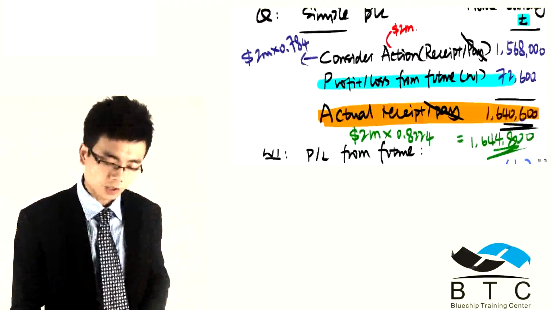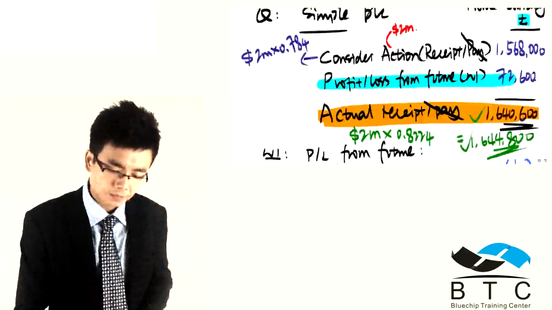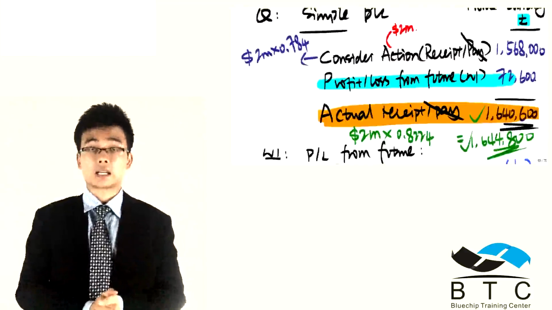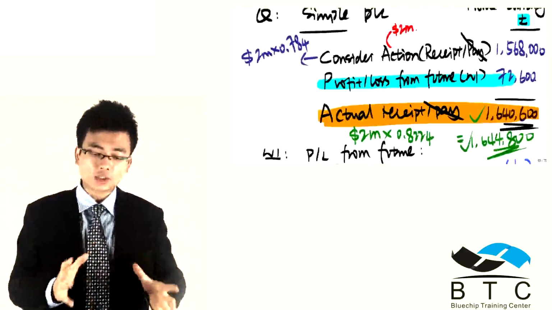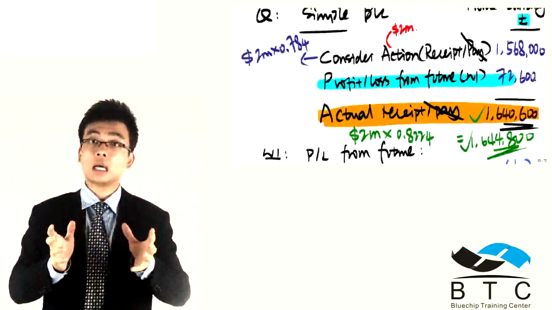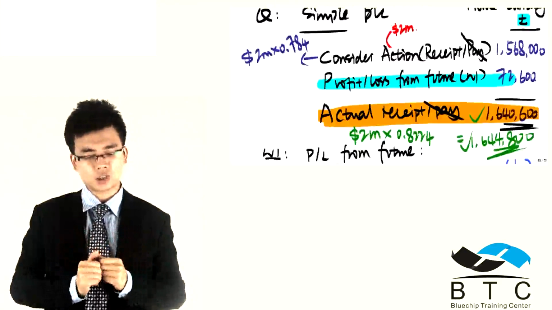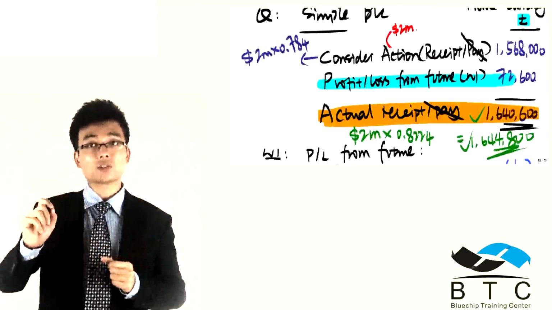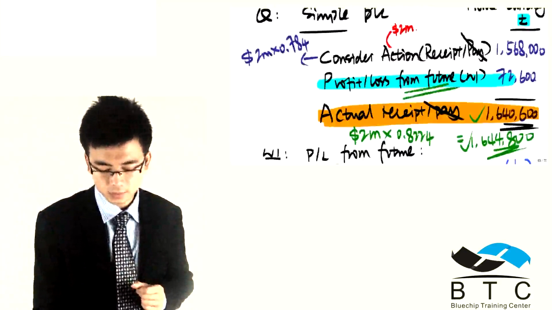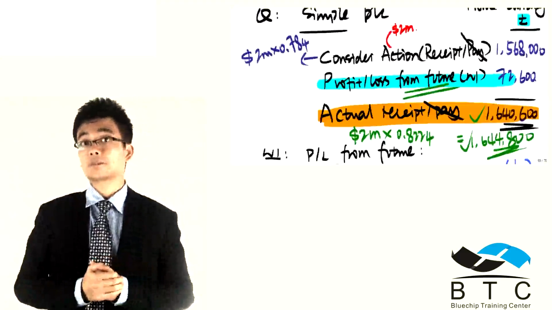If I use the futures contract, it will be very close to the receipts calculated here. Using the futures contract, how are we going to do that? Of course, we are going to lock into the futures rate.